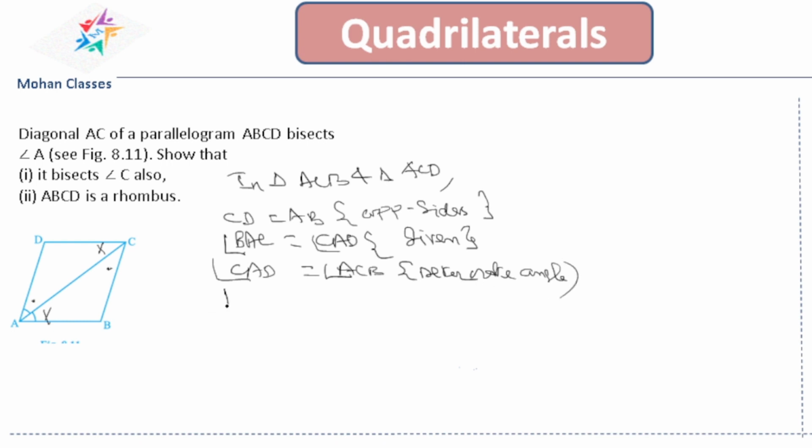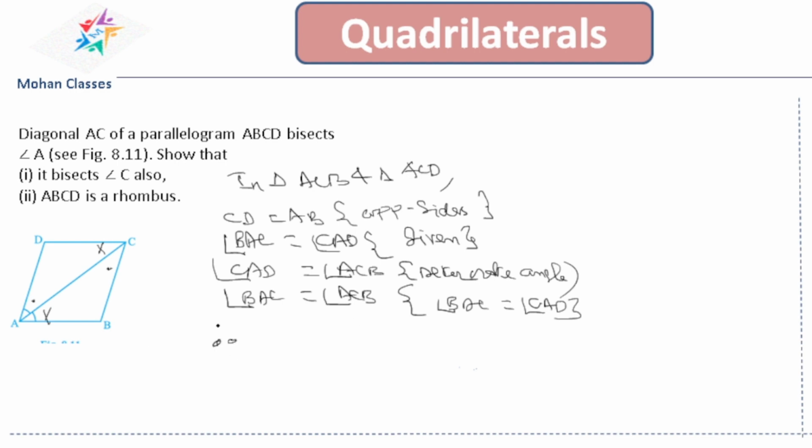So therefore angle BAC is equal to angle ACB. That means angle ACB is equal to angle BAC is equal to, why is it? Angle BAC is equal to angle CAD, right? As per this, BAC is equal to ACB.